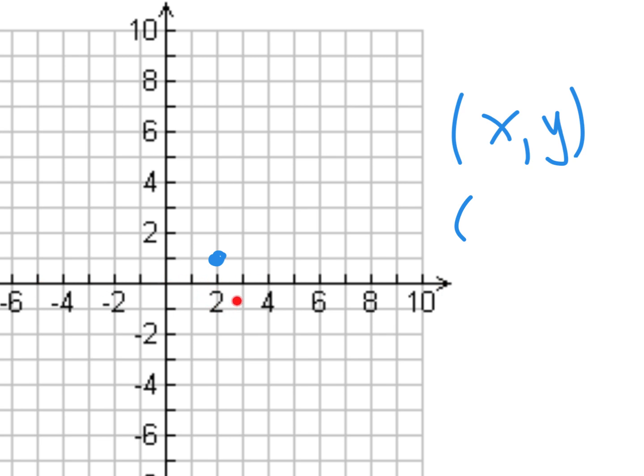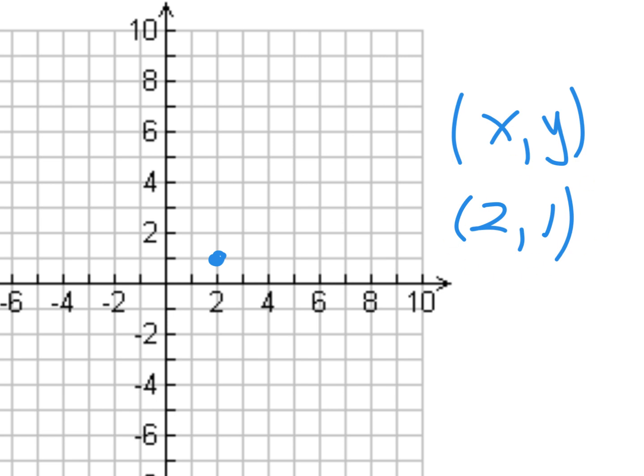So 2 is how far over I need to go to get to the blue dot. That would be my x value. And then my y value is how much I change up or down. In this case, that would be up 1. So my y value would be +1. That's just a quick review on how we represent a point on a graph as an ordered pair like this.